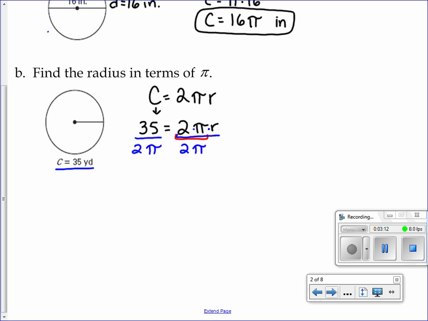And all we're going to do is just simplify. So you can say this is 35 over 2 pi. And I would actually leave it like that because 35 over 2 simplifies into a decimal. So just leave it as 35 over 2 pi. That's the radius.